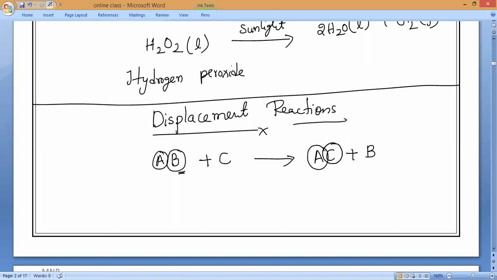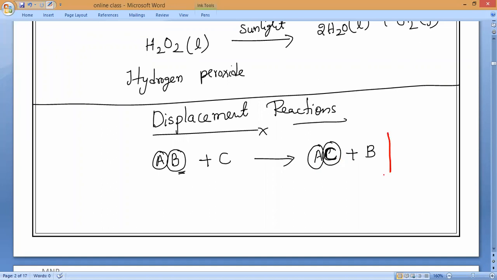You can see displacement taking place or not. Once again, AB is the compound. The compound is reacting with one element, and it is going to displace one of the ions from the compound, then it will form a new compound.